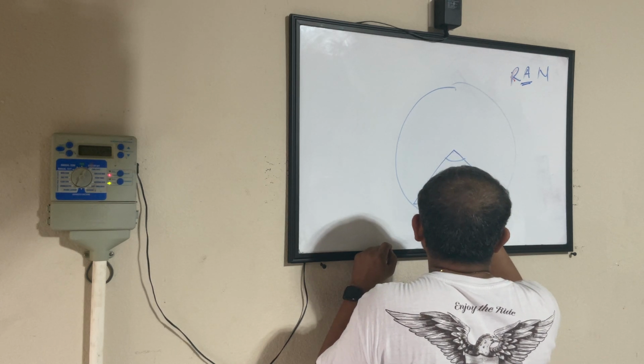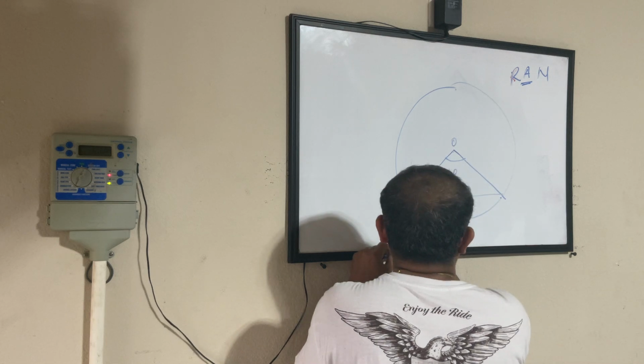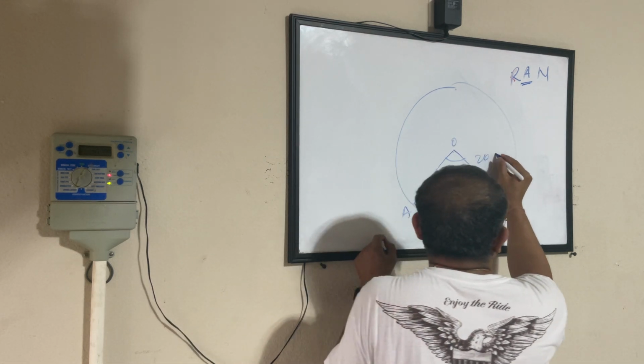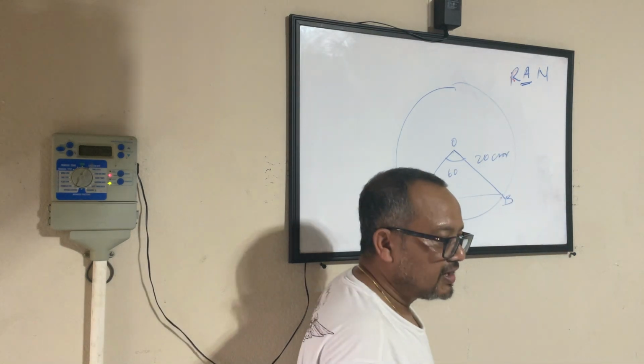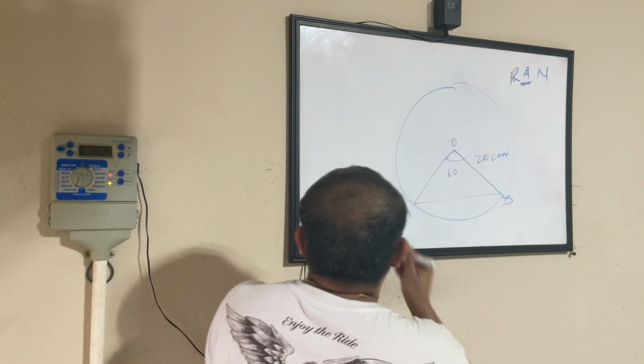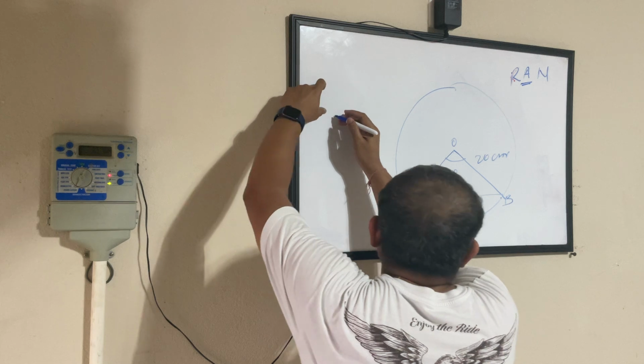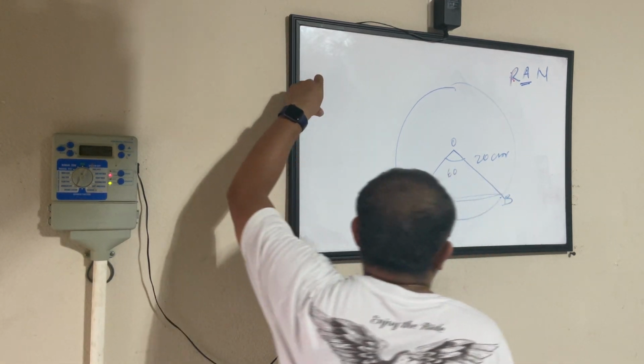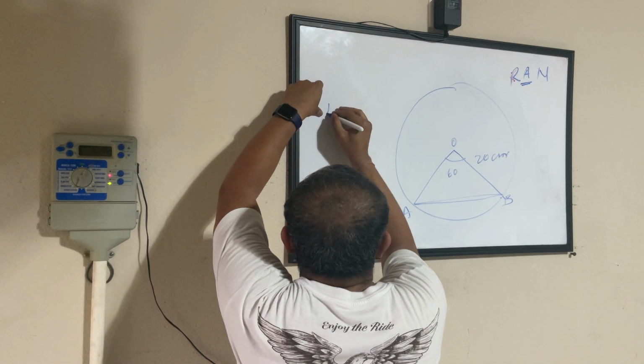This is 60 degree. This is OAB. And the radius is, let's say, 20 centimeter. Area of sector, I am solving it for you guys. And then when I give you some assignment, you'll be able to practice it as well. Don't worry. So area of the sector is area of sector.